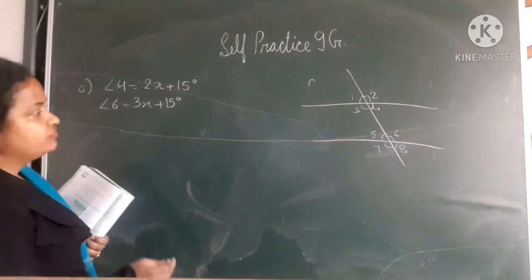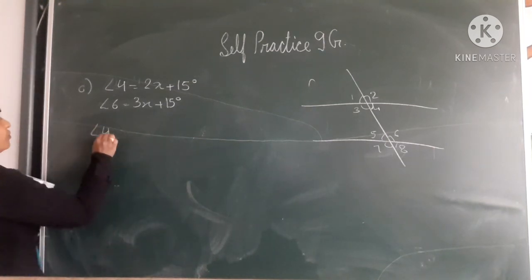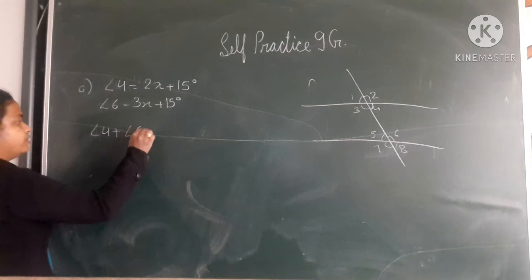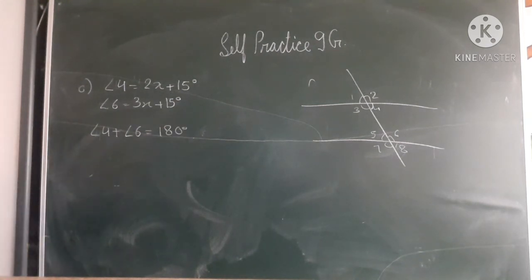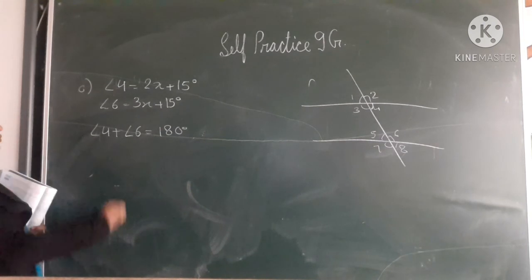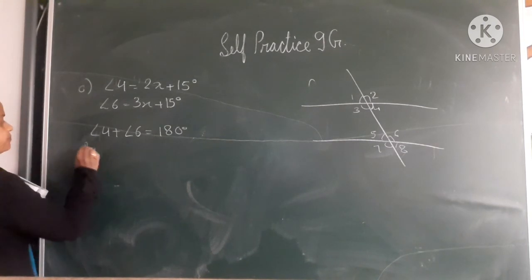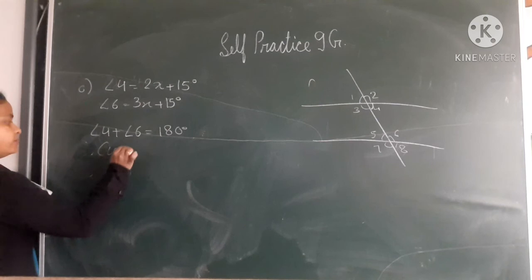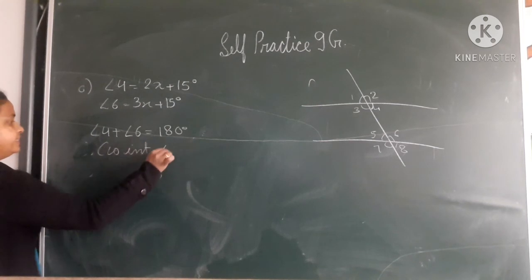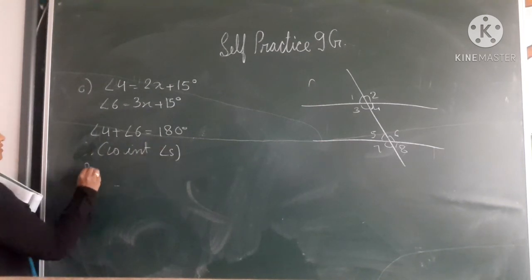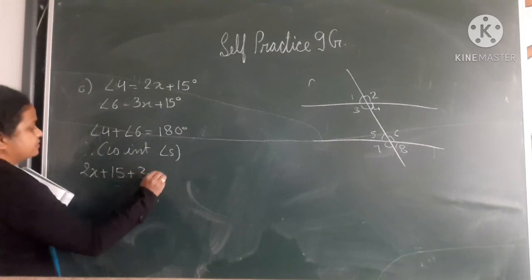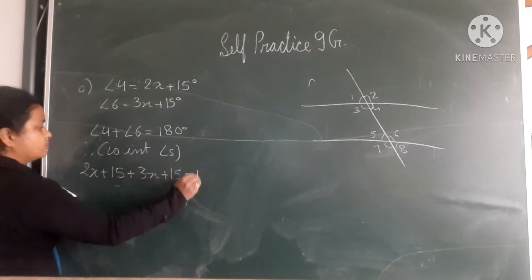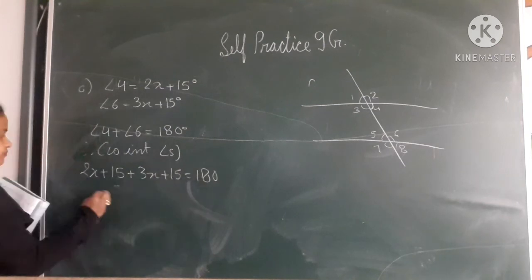Angle 4 plus angle 6 should be equal to 180 degree, because of co-interior angles. So 2x plus 15 plus 3x plus 15 is equal to 180 degree.